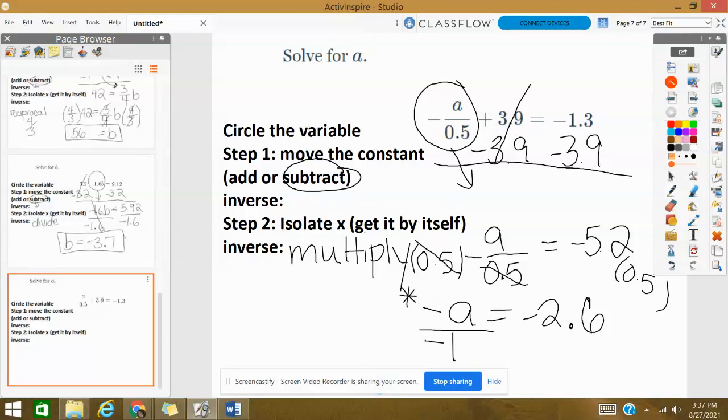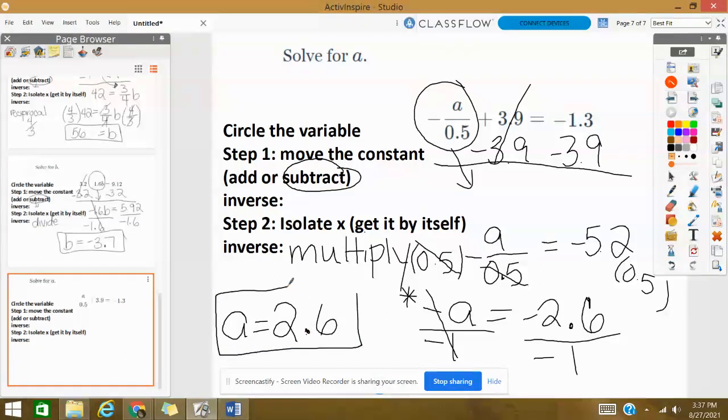So go ahead and divide by negative 1, and all it does is change the signs. So in this case, your answer is now going to be positive. a is equal to positive 2.6. Okay. And again, if you are completing your Delta Math, this is the two-step equations 2 assignment.